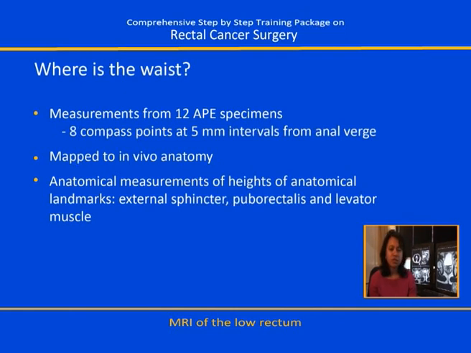So we did a prospective study looking at the abdominoperineal specimens and mapped those MR examinations of the specimens back onto the in vivo examination to see where we could identify where that wasting occurred. And we did so in relation to the anatomical landmarks that we can identify on the in vivo images, such as the external sphincter, the puborectalis and the levator muscle origin and insertion at the level of the puborectalis.